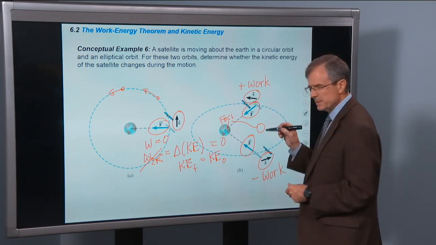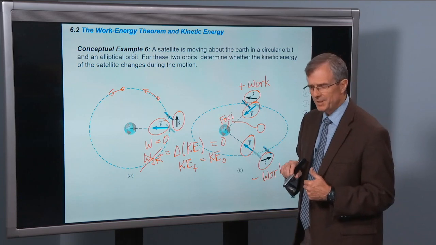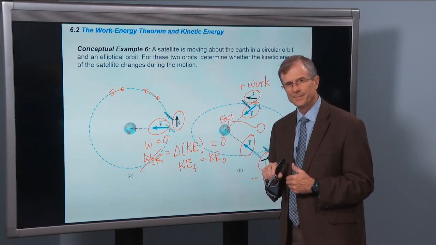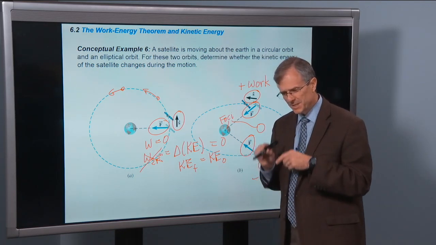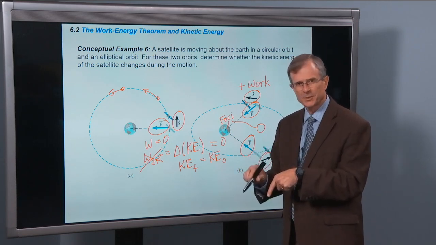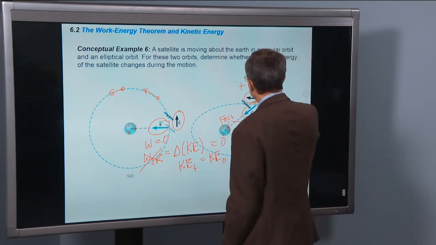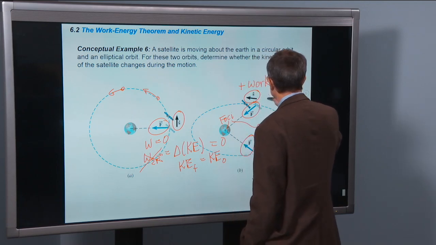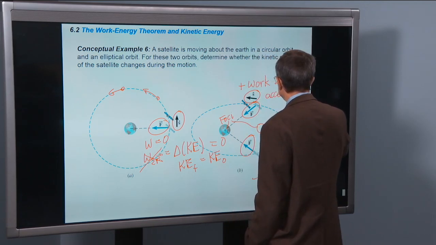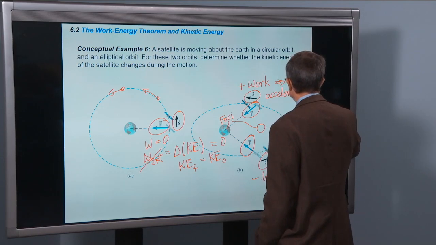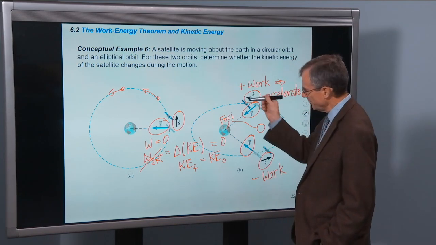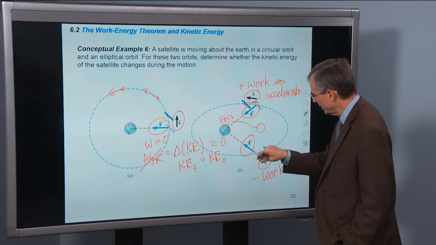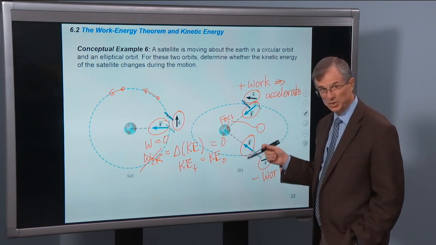So, what does a positive amount of work do to the kinetic energy? That force is in the direction of motion and causing it to accelerate. So the satellite's going to be accelerating. So it's going faster and faster. And then out here, it's going to decelerate or slow down.